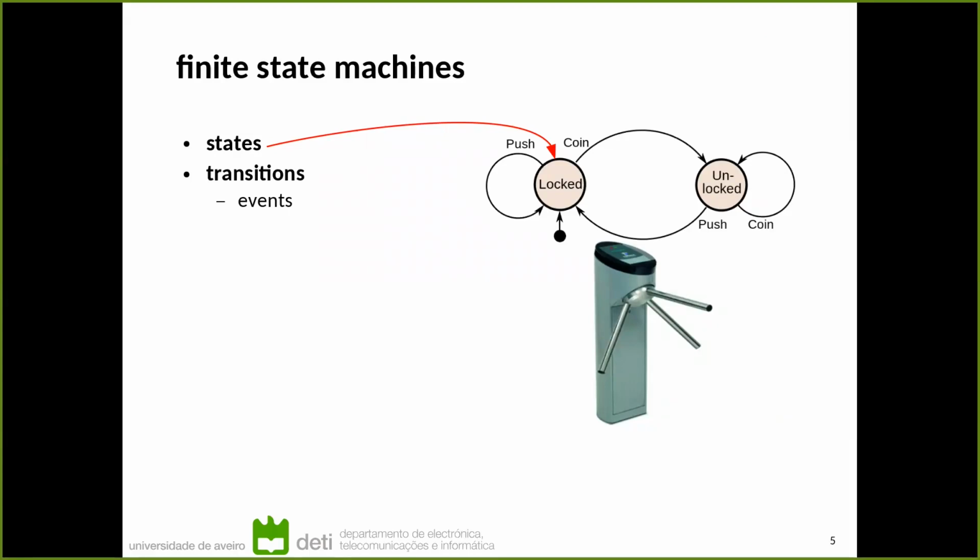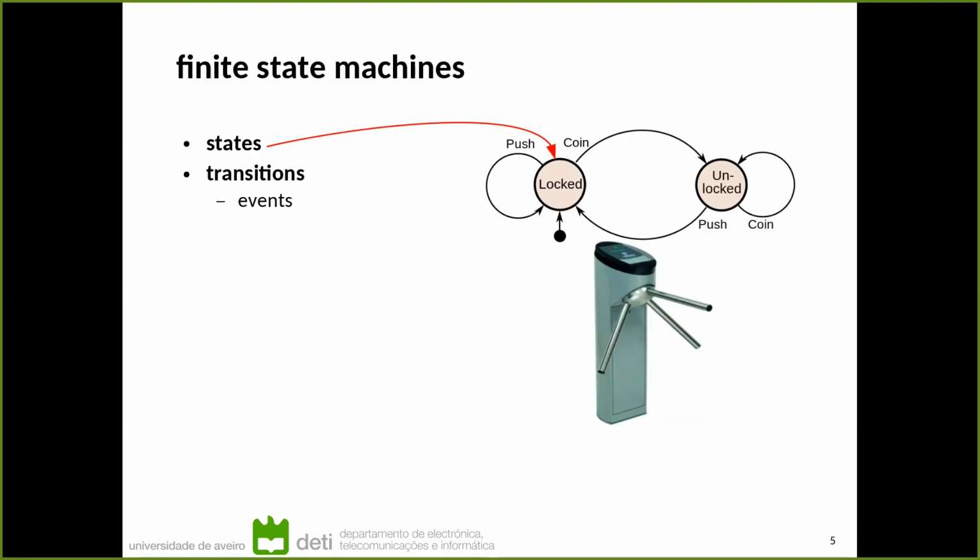In Portuguese it is tourniquet. I used to know the name in English, but I forgot. It can be in either two states, locked or unlocked. And by inserting a coin, I release this device.